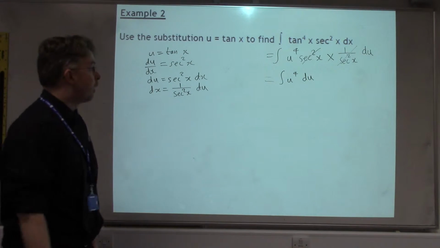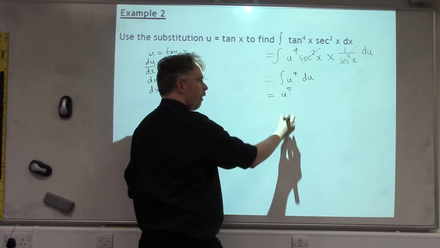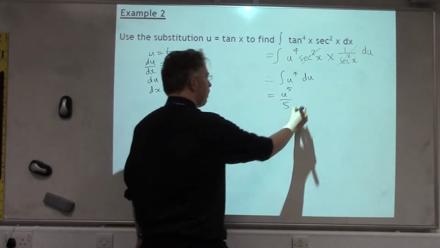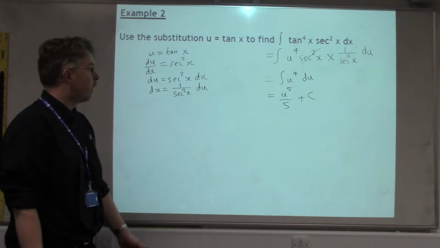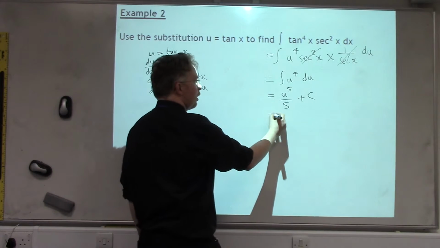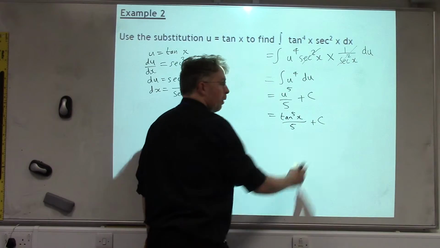Apply the normal integration of polynomial rules. Add 1 to the power, u to the 5. Divide by the new power, divide by 5, plus c. And then again, we want our final answer in terms of x, not in terms of u. So u is tan x, so that's tan to the 5 x over 5 plus c.